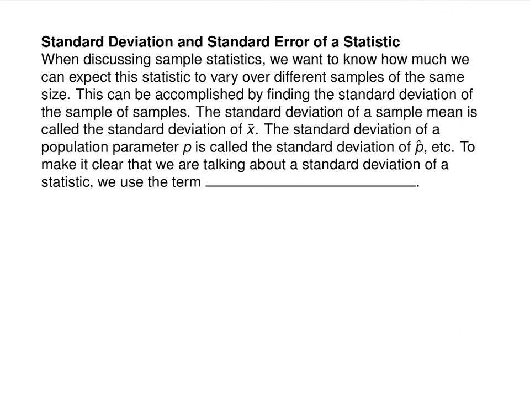So when discussing sample statistics, we want to know how much we can expect the statistic to vary over different samples of the same size. This can be accomplished by finding the standard deviation of the sample of samples. So the standard deviation of a sample mean is called the standard deviation of x bar. The standard deviation of a sample proportion is called the standard deviation of p hat.